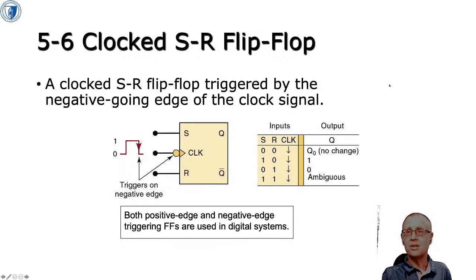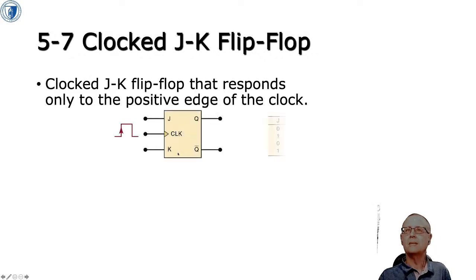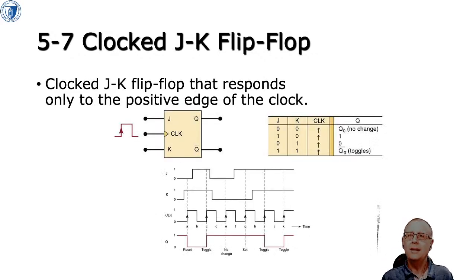Okay, so the only difference here is we've got this bubble on the clock input. Okay, so here's a JK flip-flop. And the nice thing about a JK flip-flop is there's no undefined behavior.